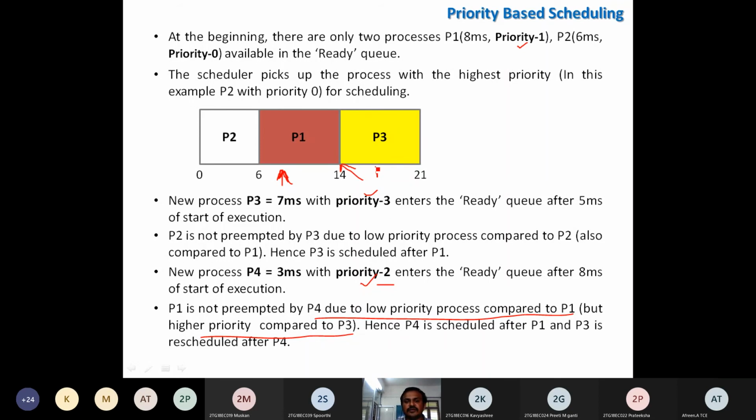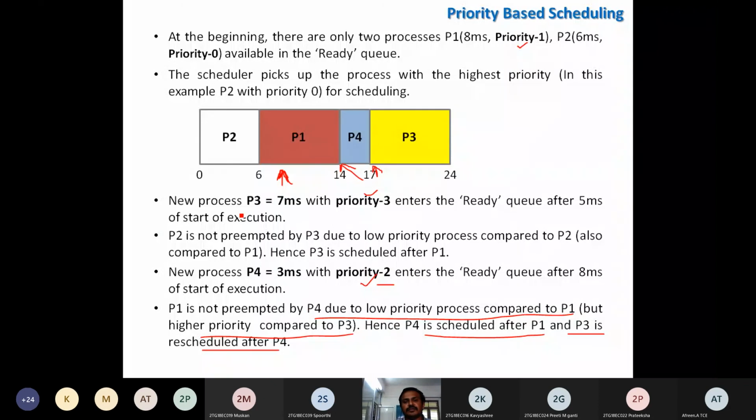So hence P4 is scheduled after P1 and P3 is rescheduled after P4. So after completion of P1, P4 is going to take the system execution time. Then it is going to complete its process. Later, P3 is going to execute its process.